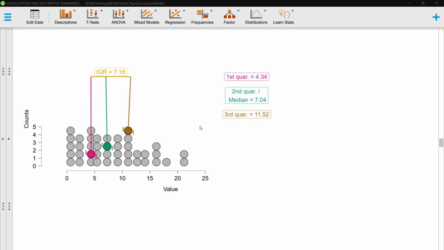So you see the 11.52, and the distance between these two values is 7.18.